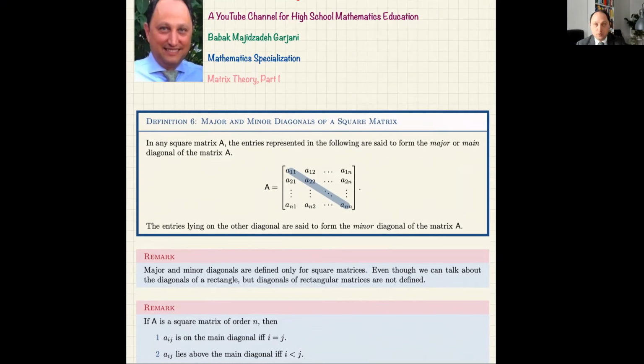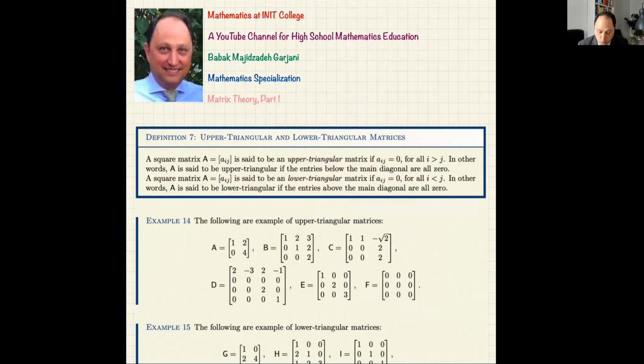So I'm talking about subclasses of square matrices. One of those that are important are upper triangular and lower triangular matrices. A square matrix is said to be upper triangular if a_ij is 0 for all i greater than j. This is the mathematical defining way.